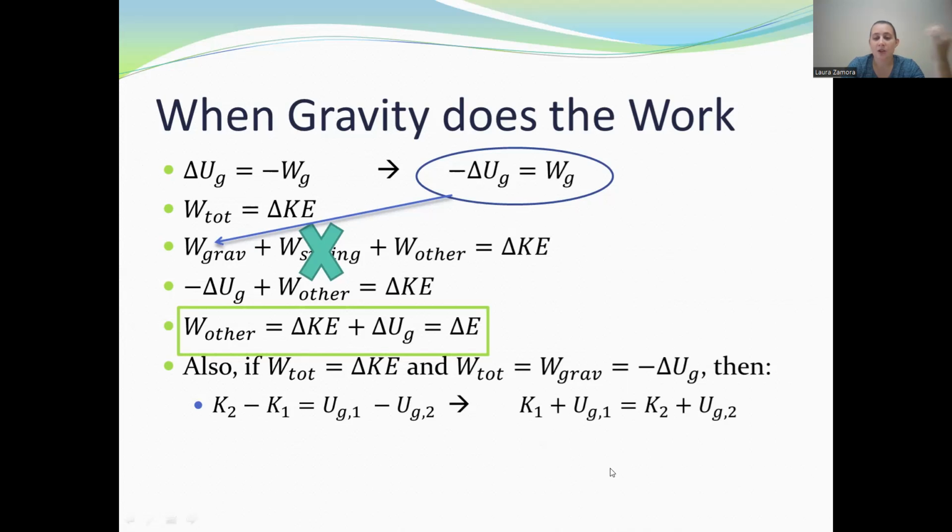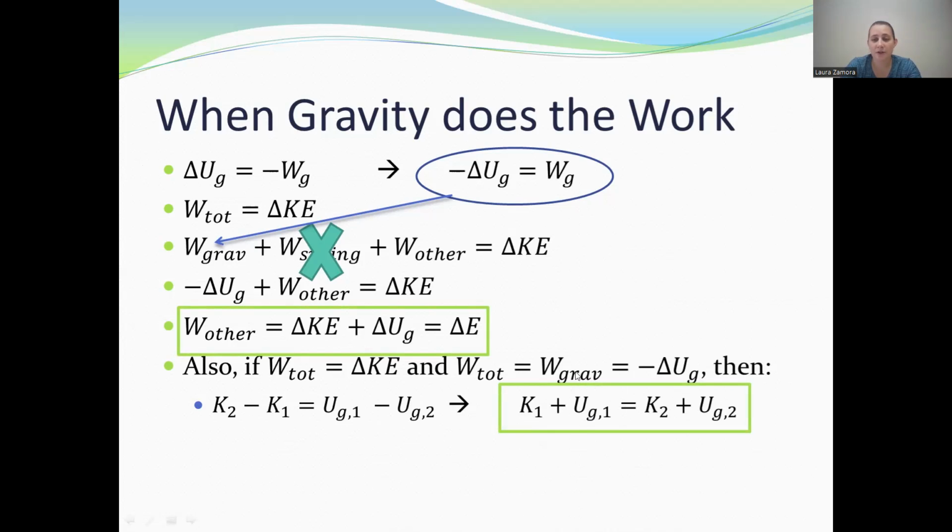That means we can also rearrange this equation a little bit further and get our initial kinetic energy plus initial potential energy equals final kinetic energy plus final potential energy. That is a very important and powerful way to rewrite this equation.